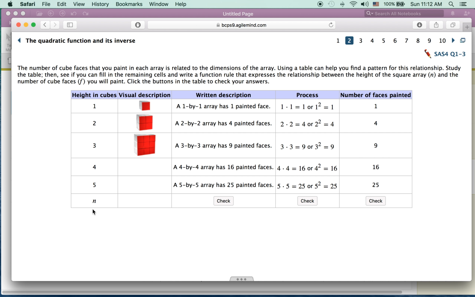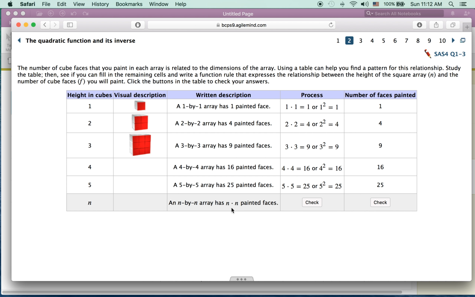Think about it, instead of the number, think of the letter n. For each one of these, we raised it to power 2. We squared it. So n times n, that's n squared.